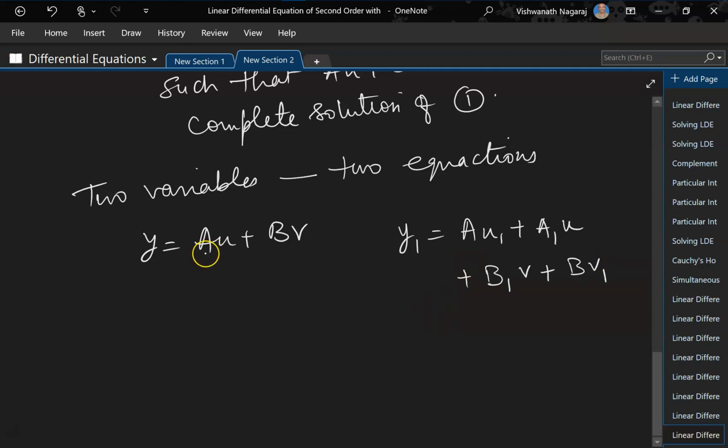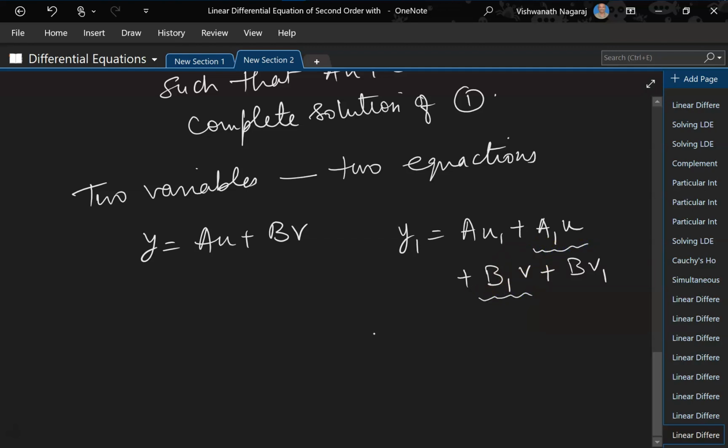the derivative of b times v. Now here we don't want to end up with derivatives of a and b, right? Here we have a and b. Here also we want a and b only, but not the first derivatives of a and b. So first derivatives of a and b are there in these two terms.